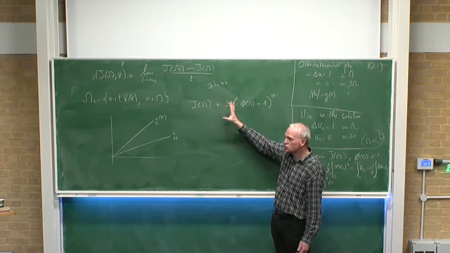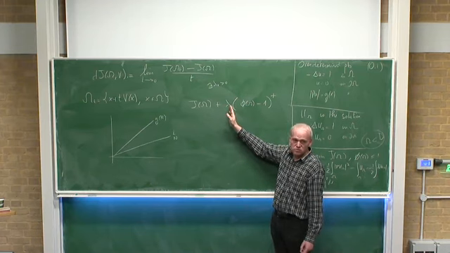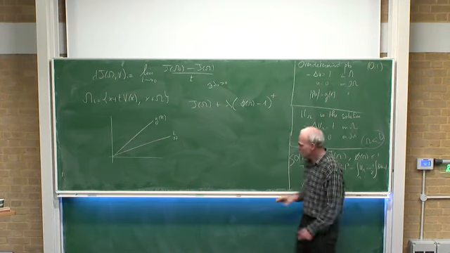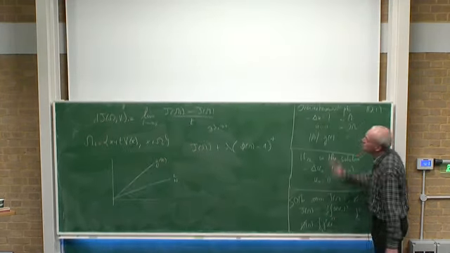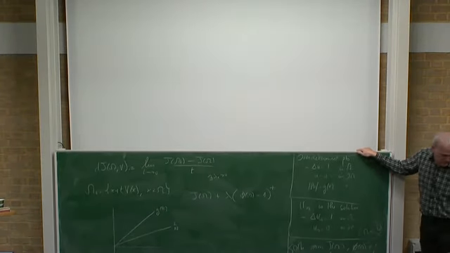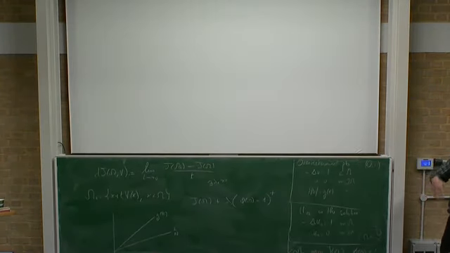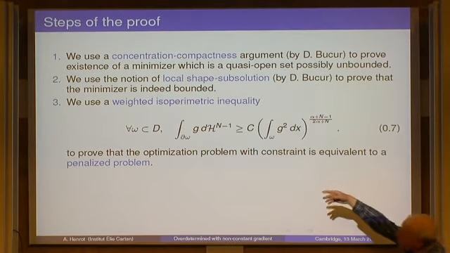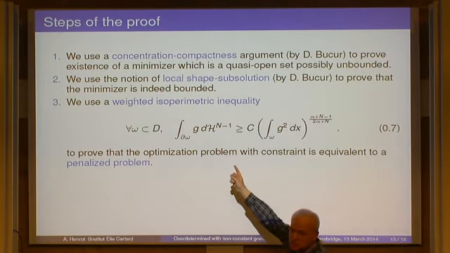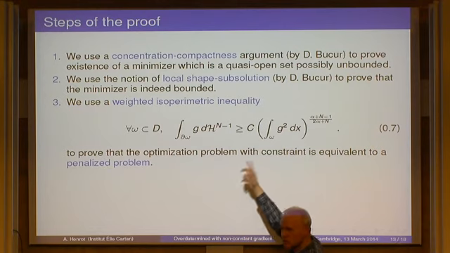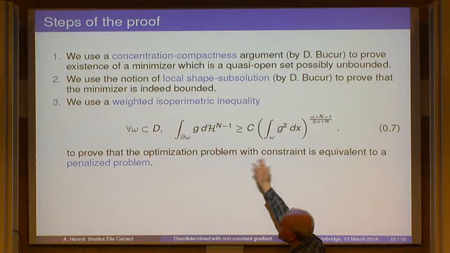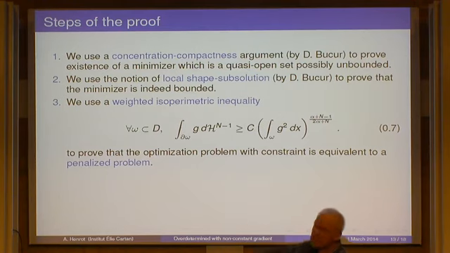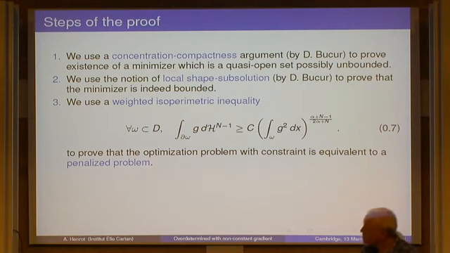Here it will be true starting at some lambda 0, equivalence of the two problems. And to prove that, you argue by contradiction, and you need some kind of isoperimetric inequality. If my density J was constant, it would be precisely the isoperimetric inequality. So it's some kind of weighted isoperimetric inequality, which is really useful to prove this.